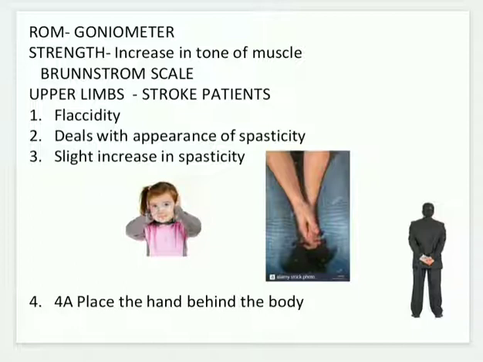From grade 2 to 3 you can do free exercises and an education board. You can also do some weightlifting, pulleys, therabands, dumbbells. This is how you can improve strength, and you can do it this way for stroke patients.